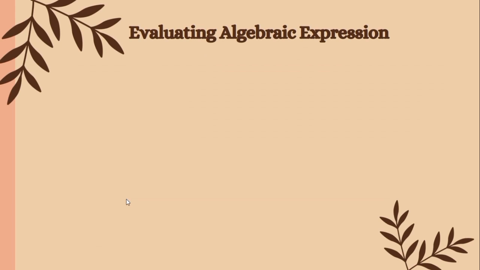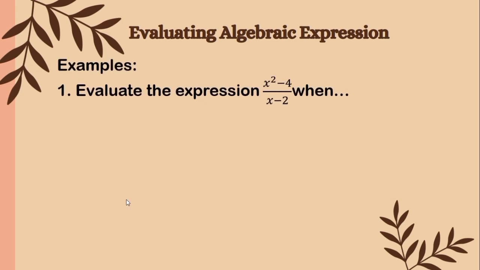Let's now move on to evaluating rational algebraic expressions. So how do we evaluate a rational algebraic expression? Simply by replacing a variable with a value, or in other words, it is just a substitution. So let's have example number 1.